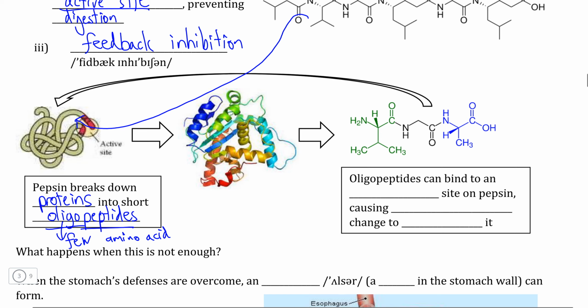So the more pepsin functions, the more protein it is able to break down, and the more short chains of amino acids, the more oligopeptides will be floating around the gastric juice inside of the stomach.